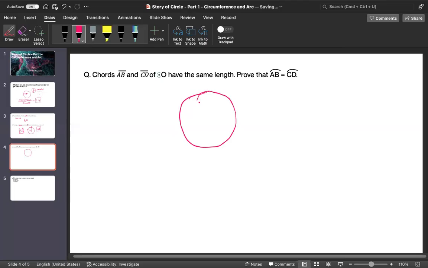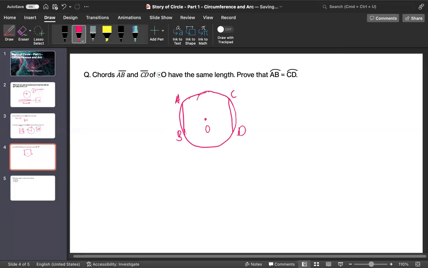Well, I guess you could if you have enough imagination, but it's hard to explain it without making one. So, let's make the two things. So we have AB over here and CD over here. And here is a center O.